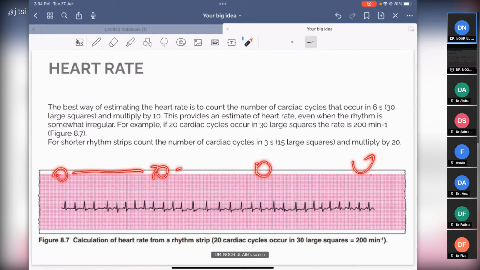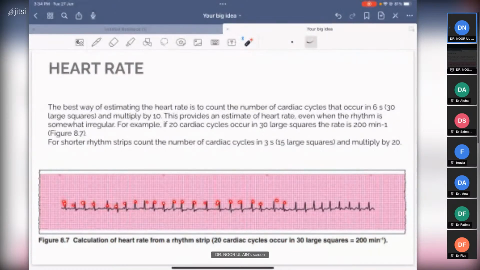How many are there here? 3. This is a strip of 30 large squares. So you count all the heads: 1, 2, 3, 4, 5, 6, 7, 8, 9, 10, 11, 12, 13, 14, 15, 16, 17, 18, 19, 20, 21, 22, 23, 24, up to 31. So you will multiply 31 into 10.